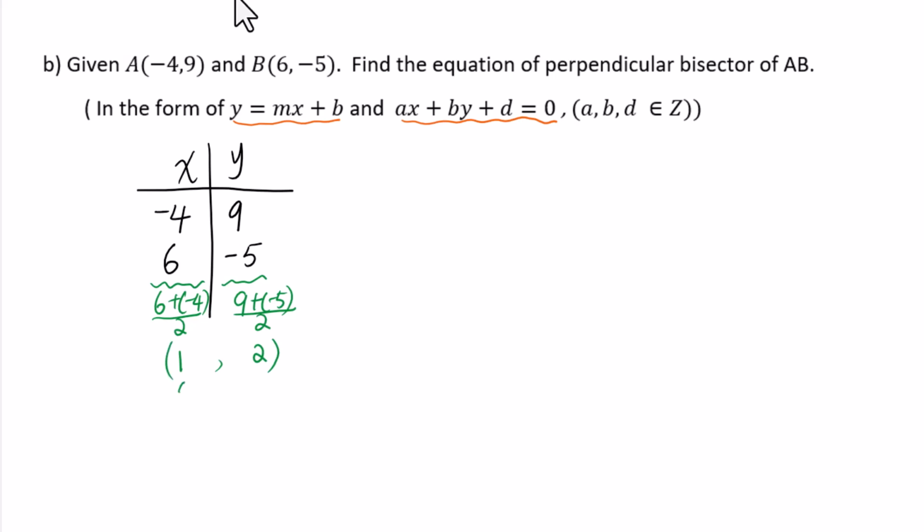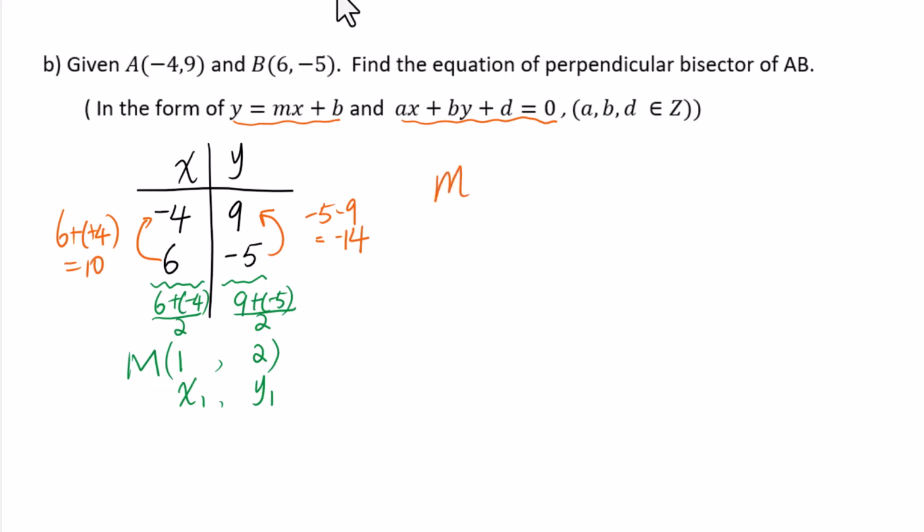So 1, 2 is x1, y1, the midpoint. Negative 5 minus 9 equals negative 14. 6 minus negative 4, negative is a positive, equals 10. So we get the slope equals negative 14 over 10. Reduce: negative 7 over 5.